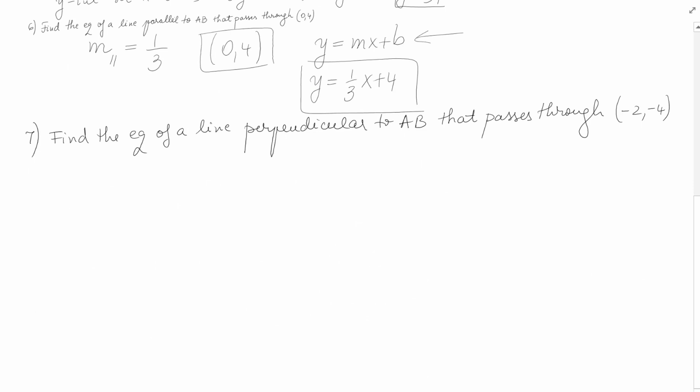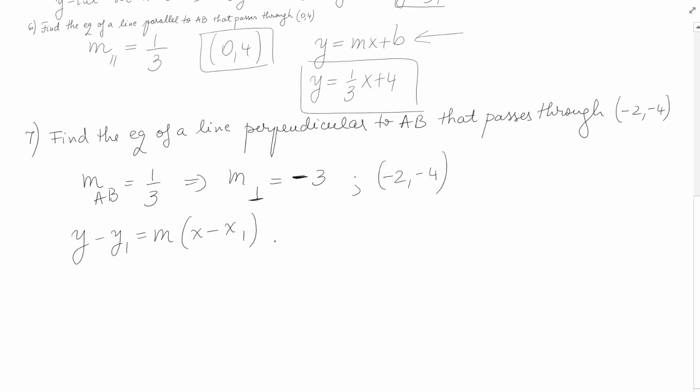Well, first of all, the slope of AB was equal to 1/3. So the slope of the perpendicular line will be opposite, so negative, and reciprocal of 1/3, so it's going to be 3/1, or -3. The fact that it's passing through -2, -4 means we have to use the point slope formula, which is y minus y1 equals m times x minus x1.